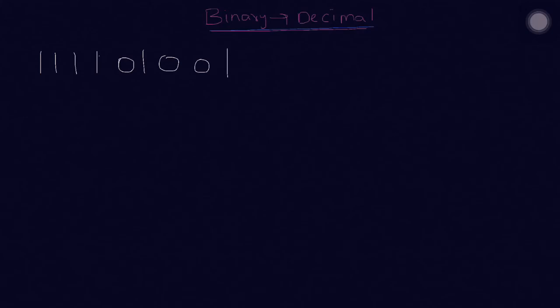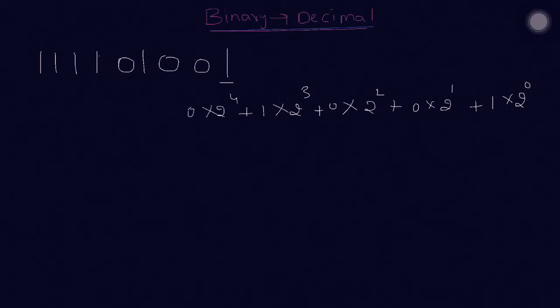Now we want to convert this binary code into a decimal number. For that I write 2 power 0 into 1, plus 2 power 1 into 0, plus 2 power 2 into 0, plus 2 power 3 into 1, plus 2 power 4 into 0, plus 2 power 5 into 1, plus 2 power 6 into 1, plus 2 power 7 into 1, plus 2 power 8 into 1.